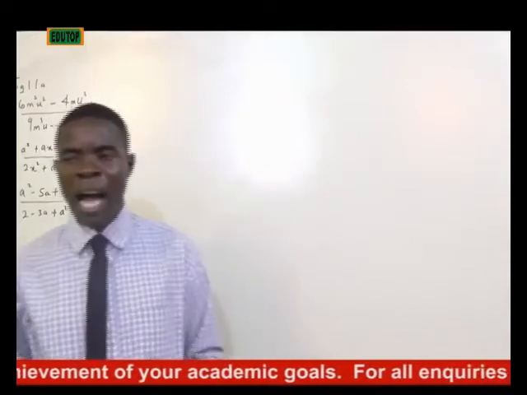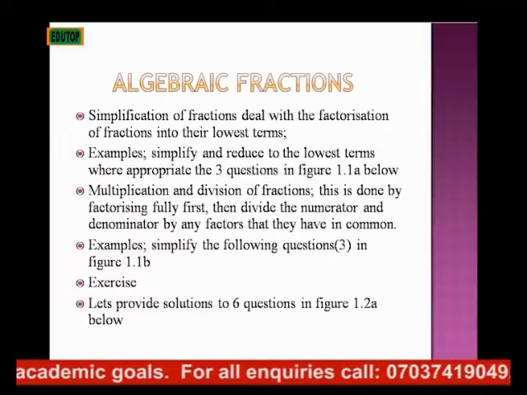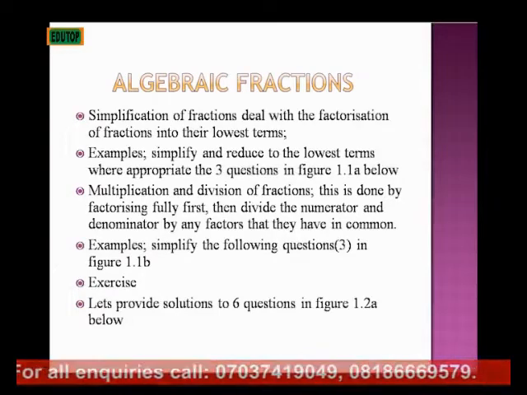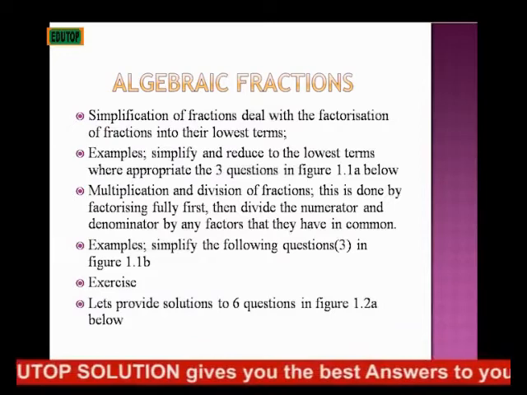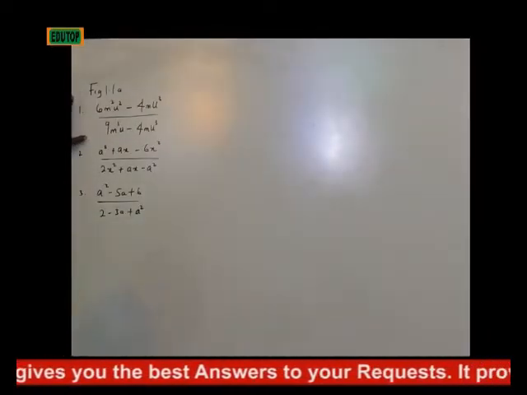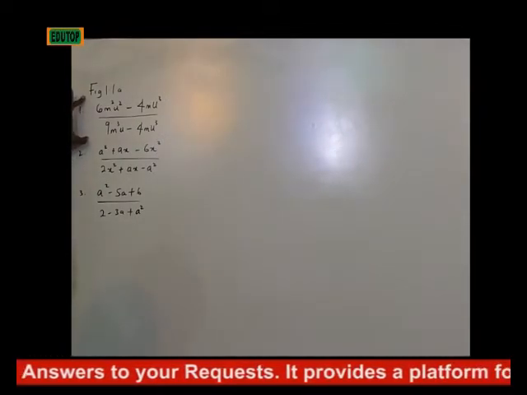Examples to justify this claim: simplify and reduce to the lowest terms where appropriate the 3 questions in figure 1.1a below. So these are the questions designed for this figure 1.1a.